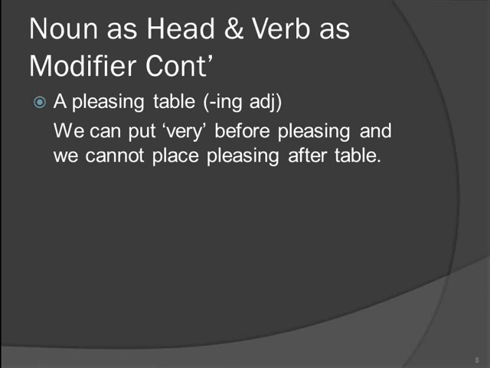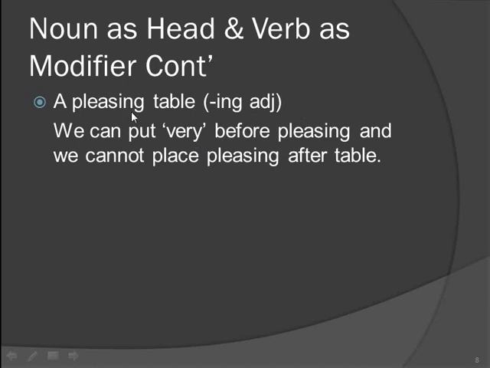verb as noun or verb as adjective, because verb can have ing, but they can have different part of speech. Okay, like for example the first one, if the verb ing can be added the word very, so the verb ing must be adjective, just like a pleasing table.